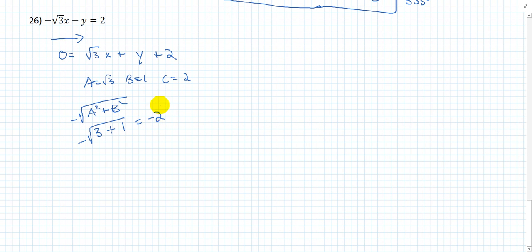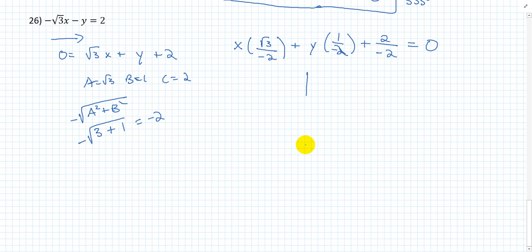So this becomes a little bit easier of a problem because I can now write, with this part right here, x times root 3 over negative 2 plus y times 1 over negative 2 plus 2 over negative 2 equals 0. And so let's look at our triangles here.